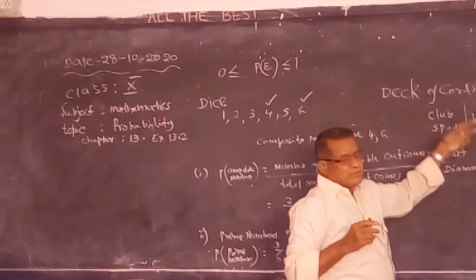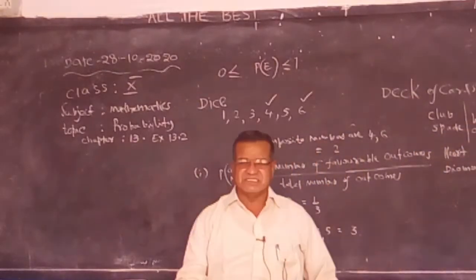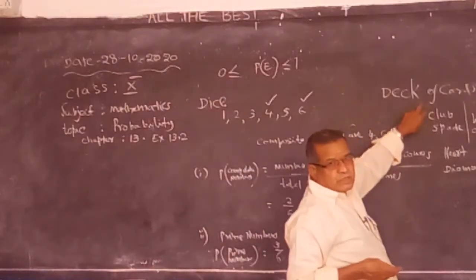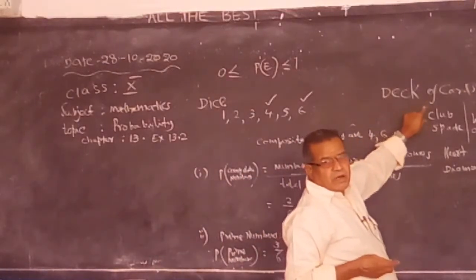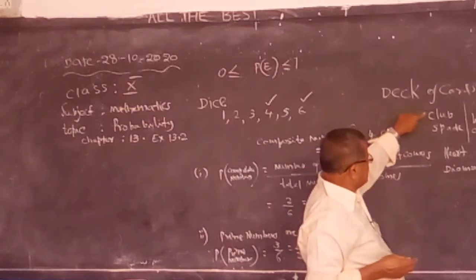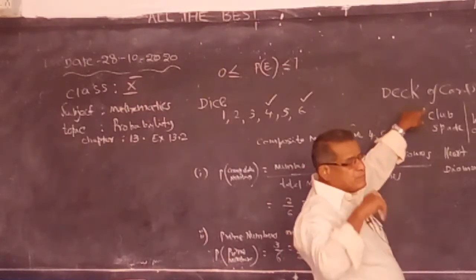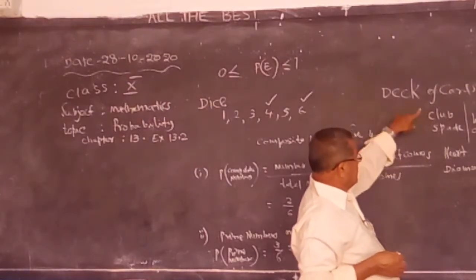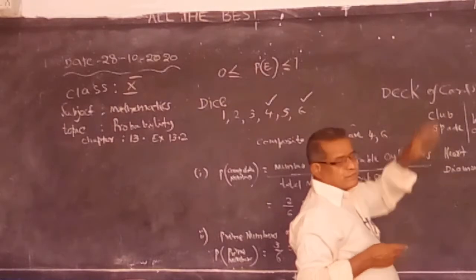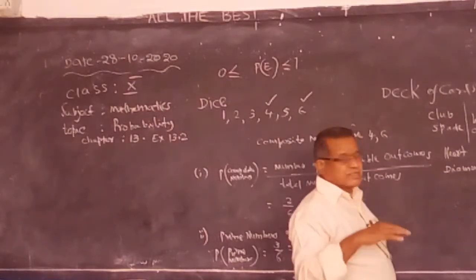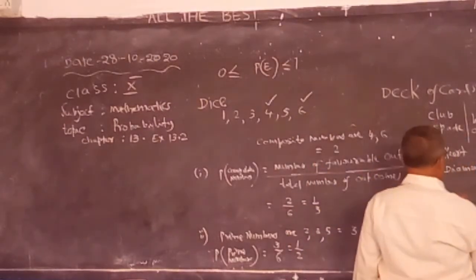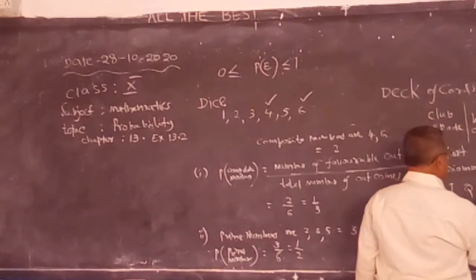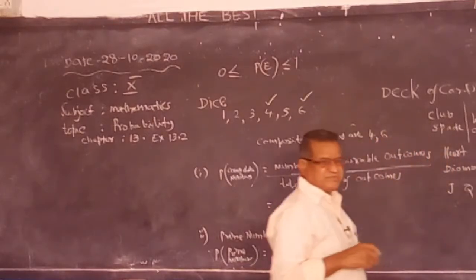Club and spade are in black color, and each figure, club, spade and the others, has 13 cards. Among the 13 cards, jack, queen, king are face cards.